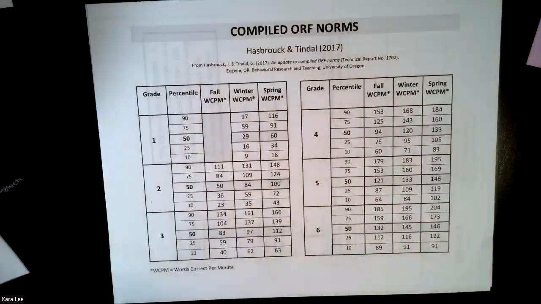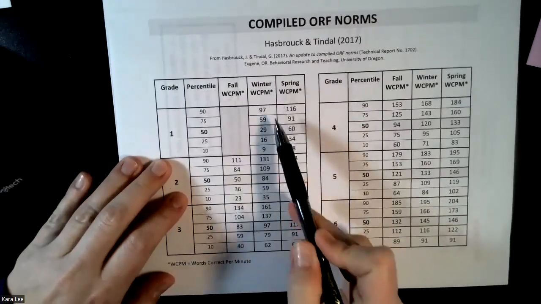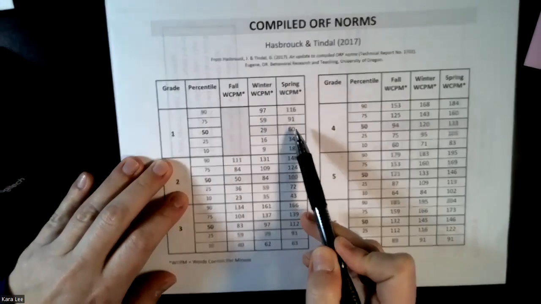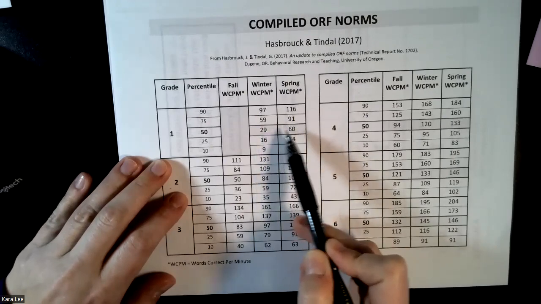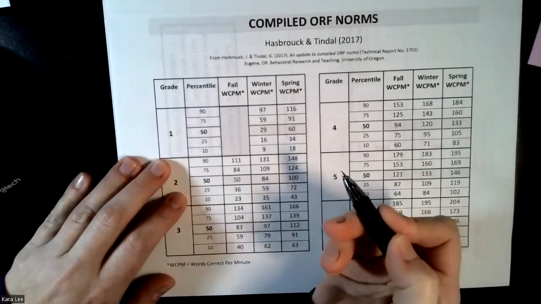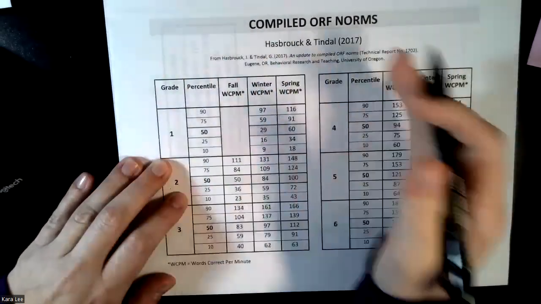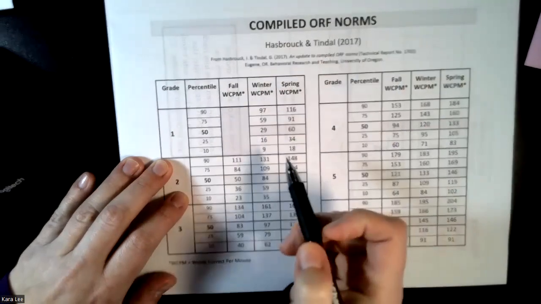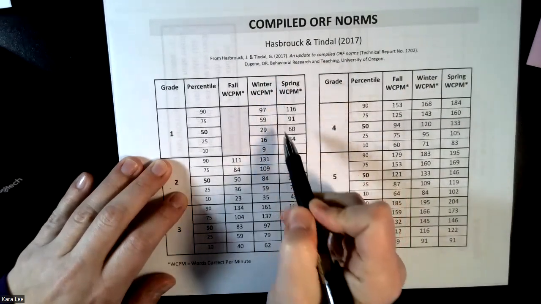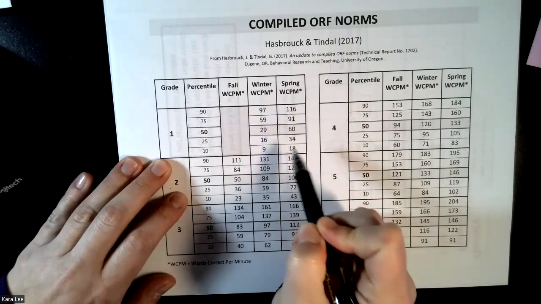I'm looking at the 1st grade level scores. Now you'll see that there's a winter and a spring, and there's quite a big difference between winter and spring in 1st grade. So you're like, which one do I use? Well, because my student is well beyond 1st grade, I'm looking at the spring. I'm going to look at the spring words correct per minute column.